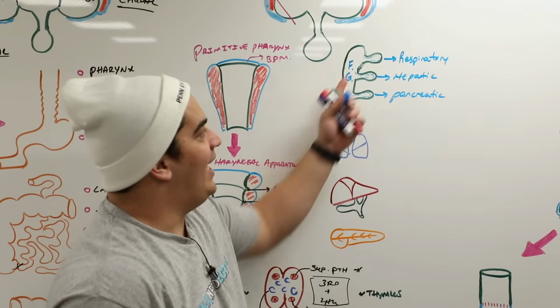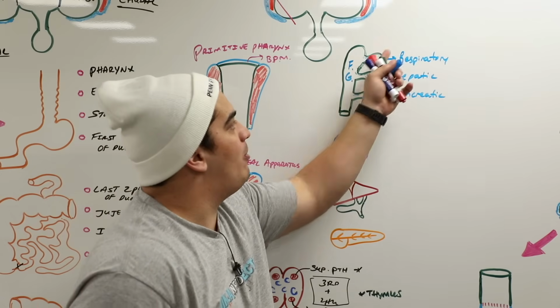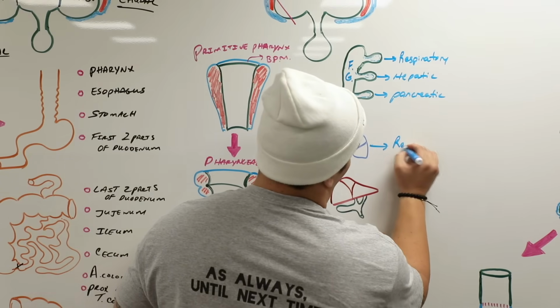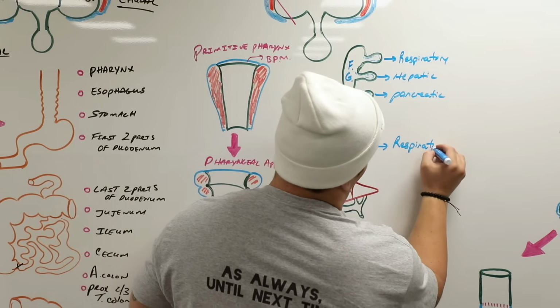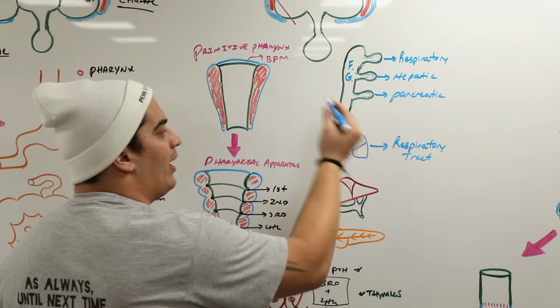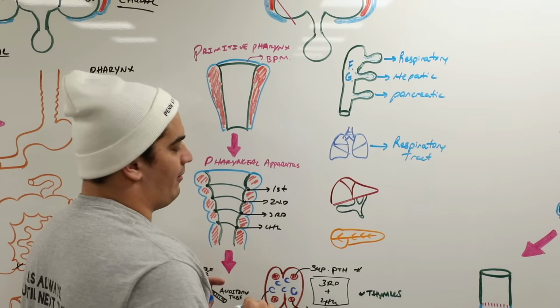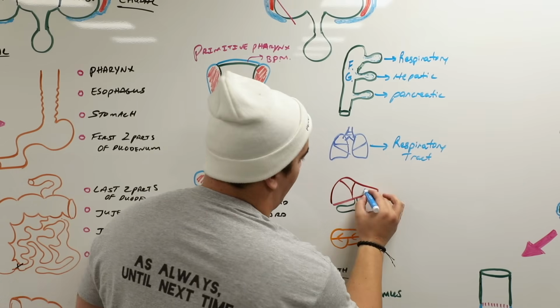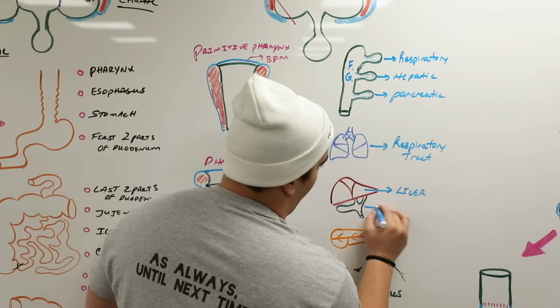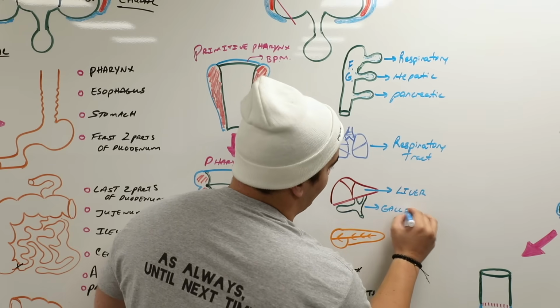From these buds, the endoderm can move into these little buds and help to make what structures? Your respiratory tract, right? Obviously your trachea, your bronchi, the parenchyma of the lungs, all of that good stuff. The hepatic diverticulum is also going to be helpful for making the liver and even the gallbladder or the biliary system.